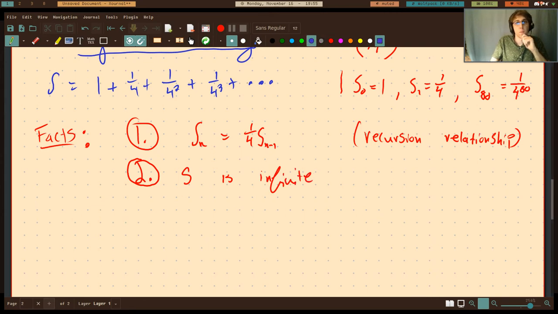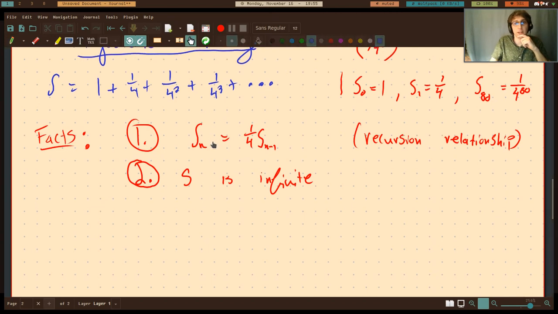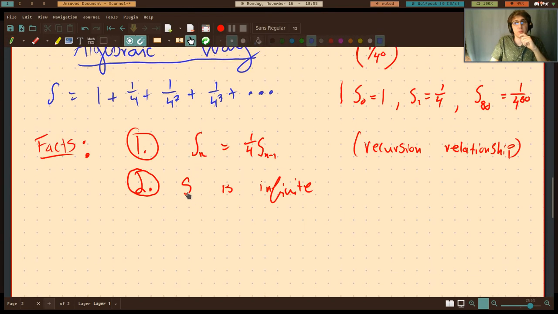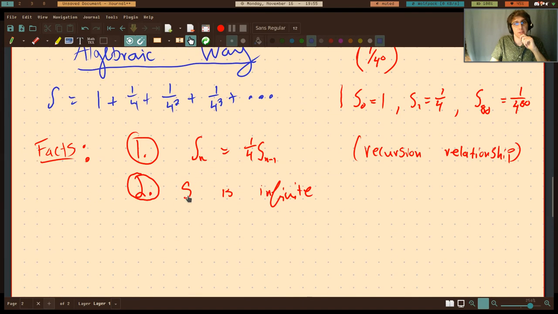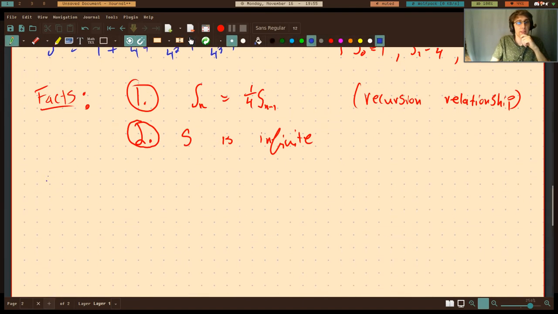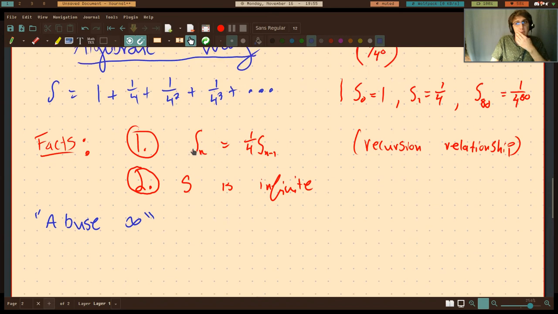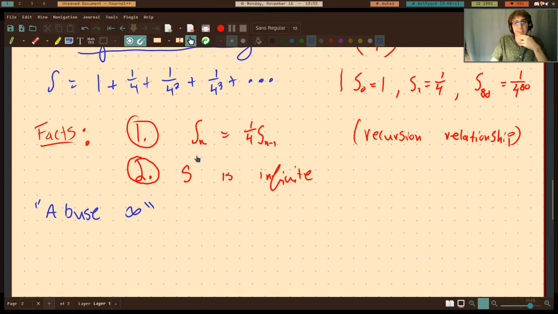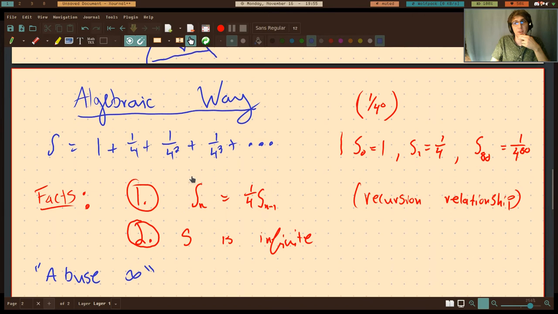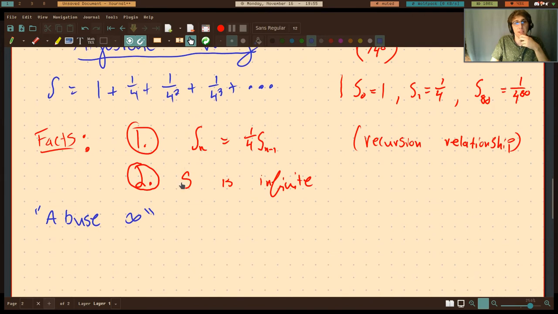Now, this might not seem like an advantage right now, but some of you might be getting ideas already. The idea is that we're going to abuse infinity. Huge air quotes there. Take that with a grain of salt because, hopefully, you'll understand what I mean in just a second.